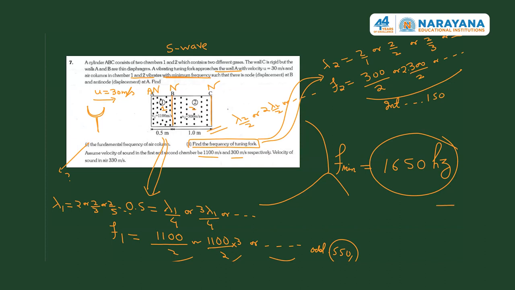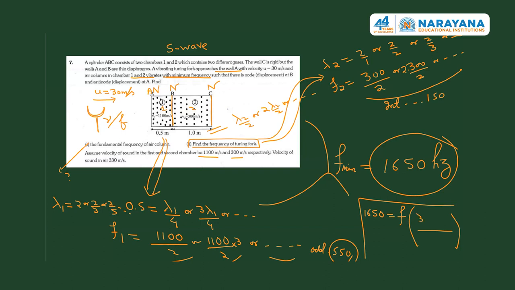So I should have written 1650 to be equal to, if the actual frequency of this tuning fork was some F or nu, whatever you want to say, F actual into, then the observer was at rest, speed of sound that is given in air as 330.